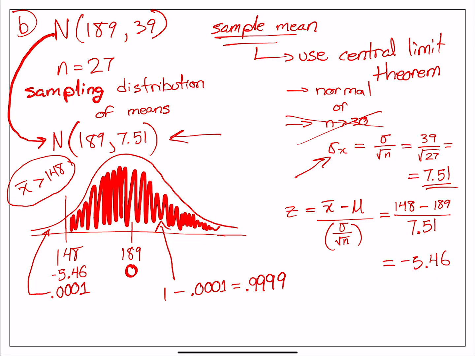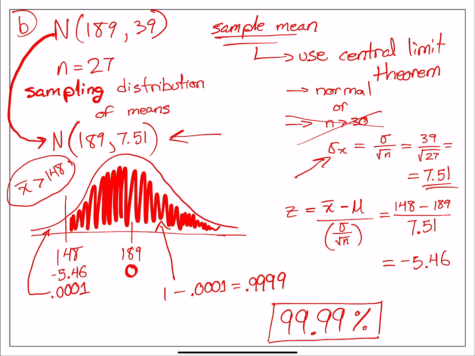So that tells us that there's a 99.99% chance that our group of 27 adult males is going to have a mean weight bigger than 148 pounds.